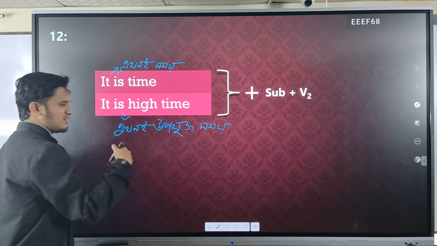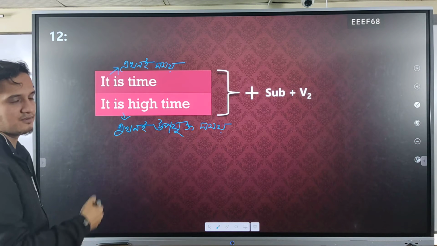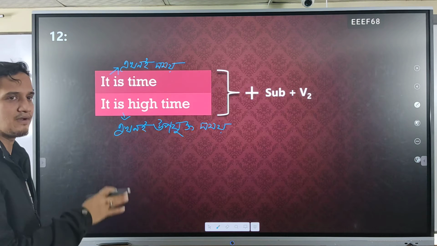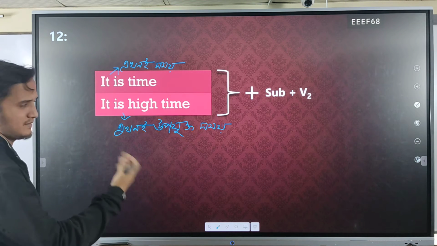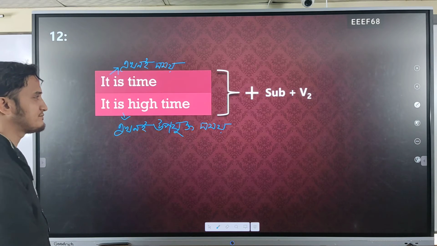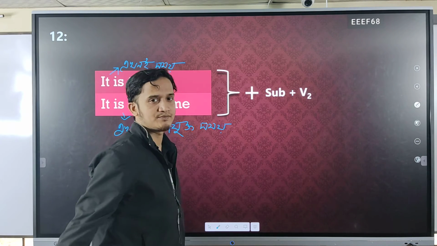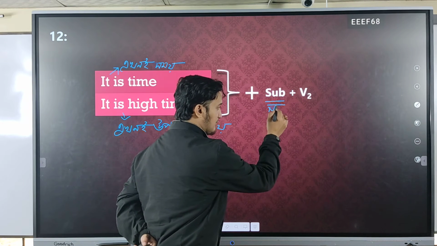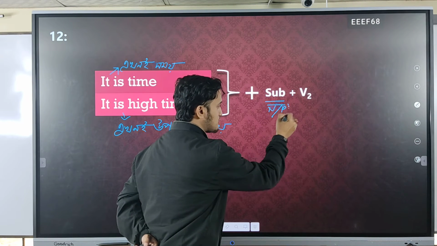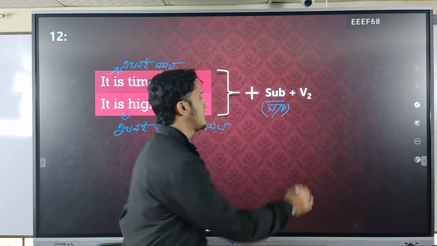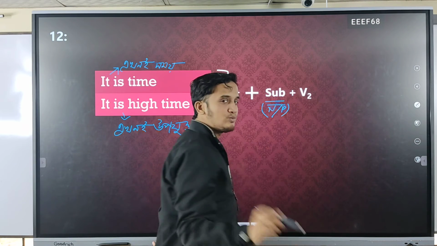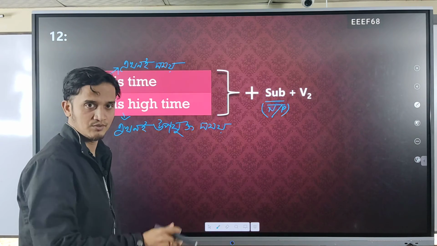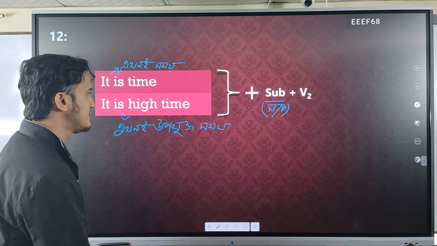So not much difference between the two clauses here. It is time or it is high time. It is high time means it is the perfect time. The following clause, the subject could be a noun or a pronoun. You must use the simple past form or past indefinite form of the verb, that is verb two. We learned it in our first class, right?